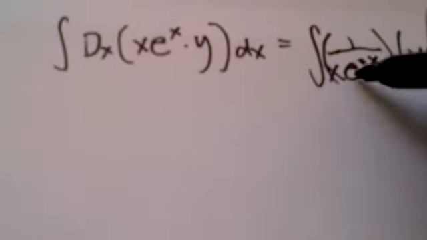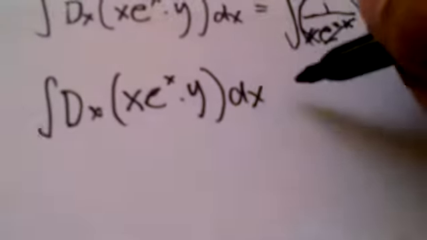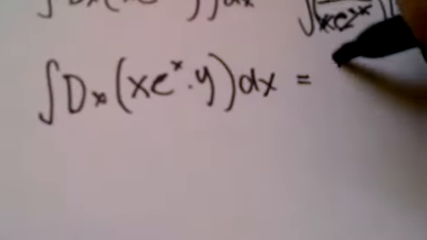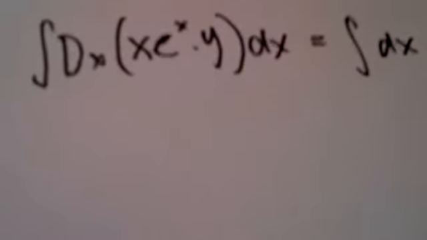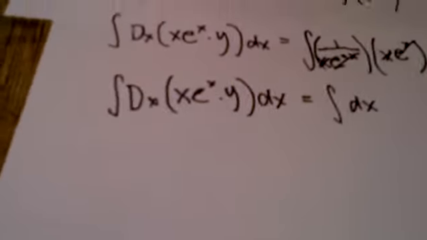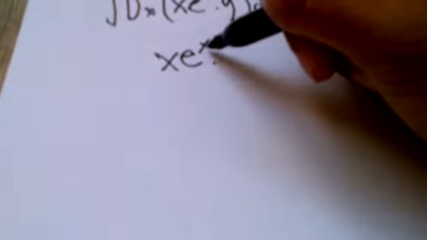We can cancel e to the x and the x. So what we have is the integral of the derivative d over dx of x e to the x times y dx is equal to the integral of 1 dx. So by evaluating this integral will lead you to x e to the x times y.